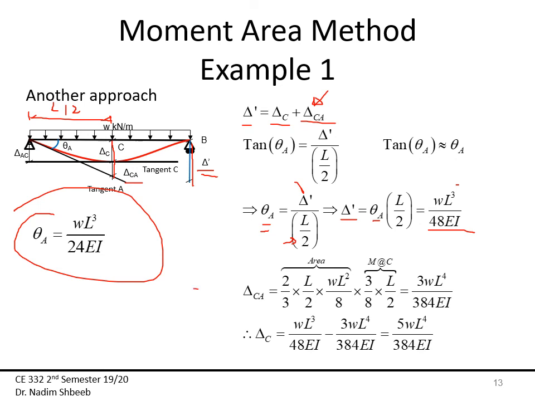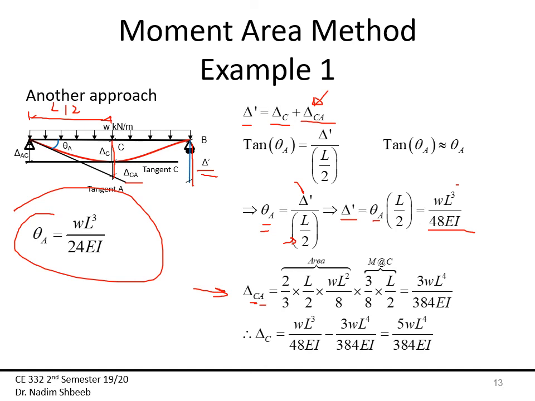Now going back to calculate delta CA, again that's the deviation from point C measured from the tangent at A. Always remember that the first point is always on the elastic curve and the second point is always the tangent.